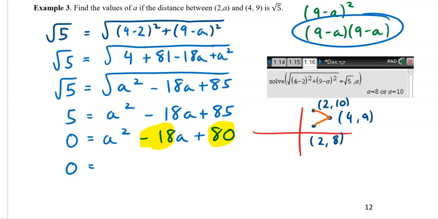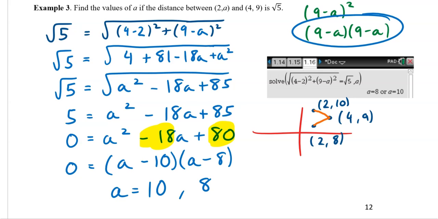So to factorize, it would become a minus 10 and a minus 8, leaving us with a equaling positive 10 and 8. So that's actually solving a quadratic. It's a little bit complicated. If that part is confusing, don't worry too much about that. We cover that in a lot of detail this year. But yeah, we just need to factorize and solve from there.